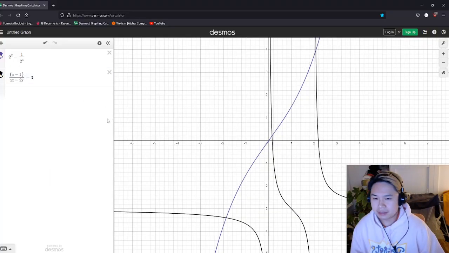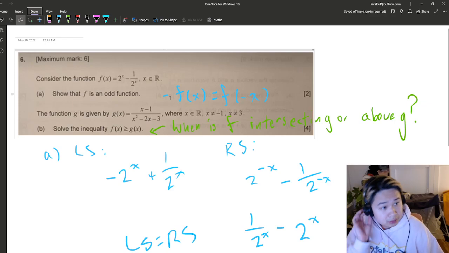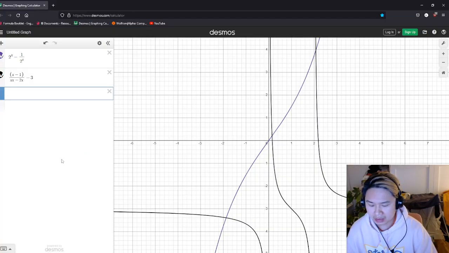Okay, and then some things to note. This function g has two vertical asymptotes, one at -1 and one at 3. So I'm just going to add those in.